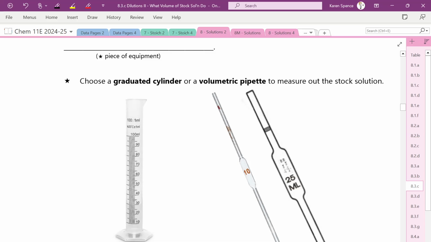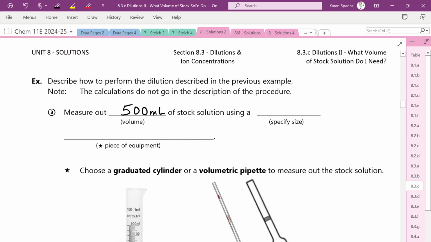If you happen to have a 500, you can use a 500 because that's perfect. But you could also use a 1,000 milliliter one and just fill it to the 500 mL mark. Or if you only had smaller ones, you could measure 250 milliliters twice. So we're going to use a 500 milliliter graduated cylinder.